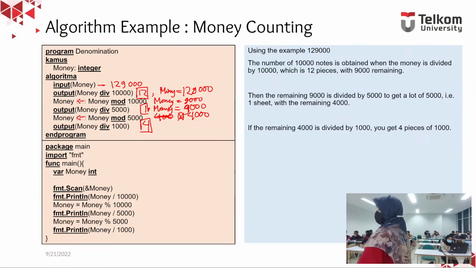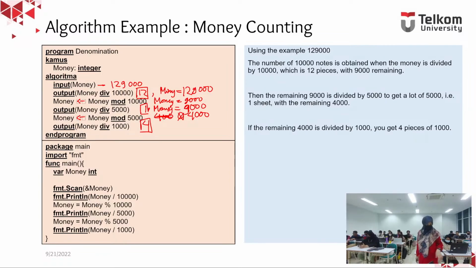Next, the money value will be updated with money modulo 5,000, and the last is to print how many 1,000 pieces. Okay, clear? About the program? Okay, next.